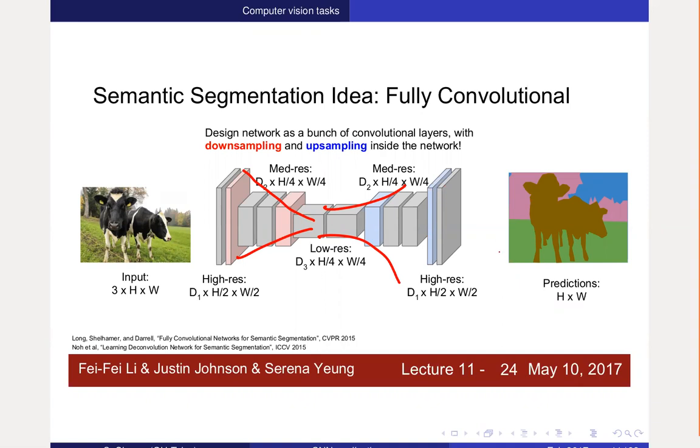In semantic segmentation, unlike classification where the output is just one value, the output has the same dimension as the input, if we don't count the color. So now the problem is how to do upsampling here.